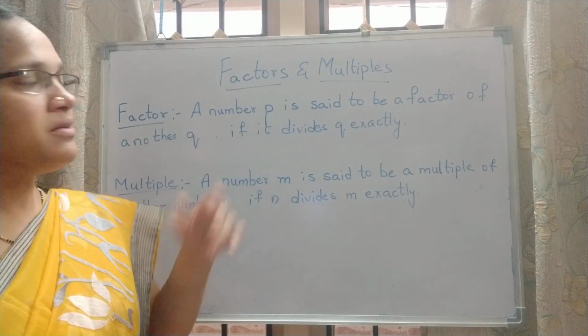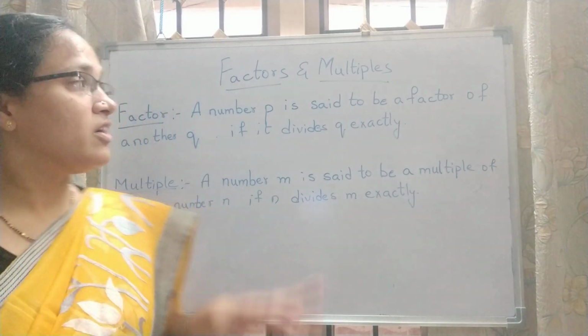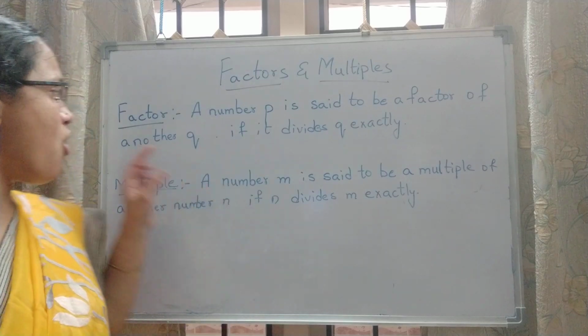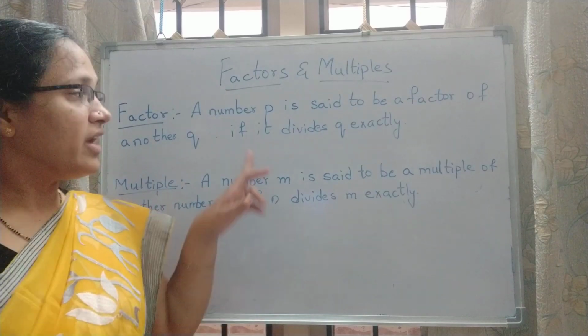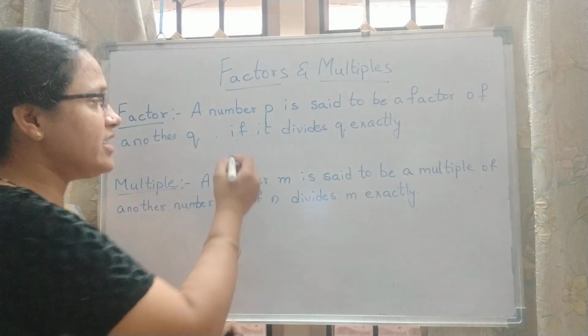Let us learn the definition of factors. A number P is said to be a factor of another number Q if it divides Q exactly. You should make a note that this is a condition.